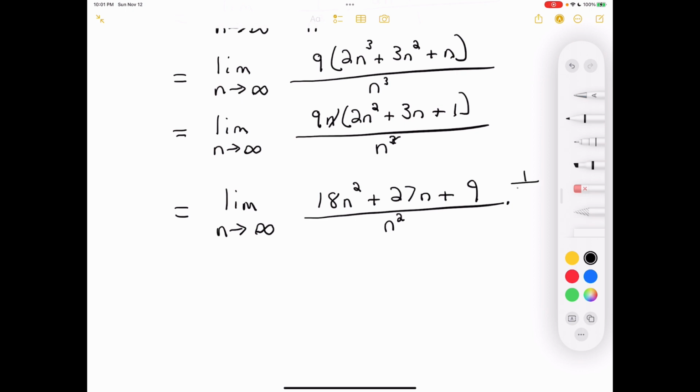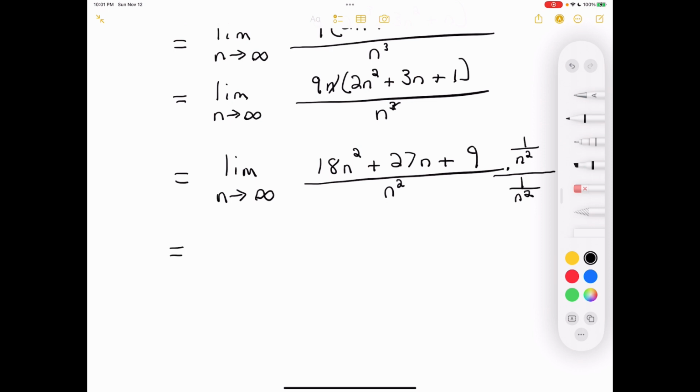So we multiply the top by 1 over n squared and multiply the denominator by 1 over n squared, or divide by n squared. And that gives us the following.